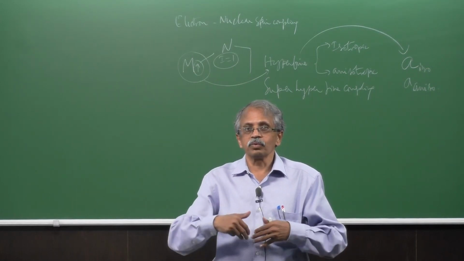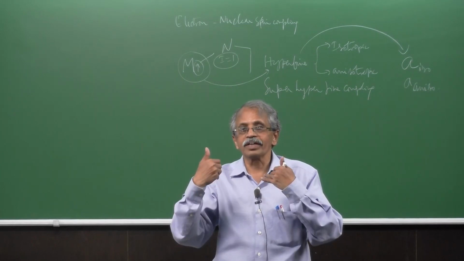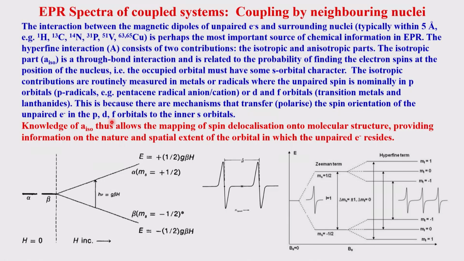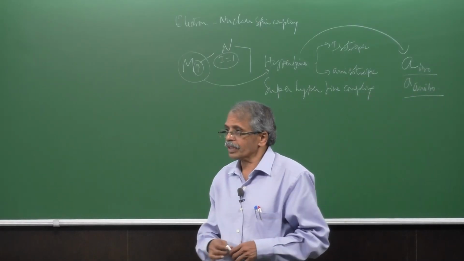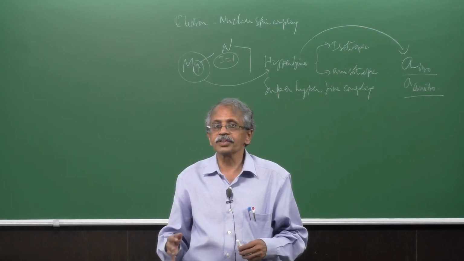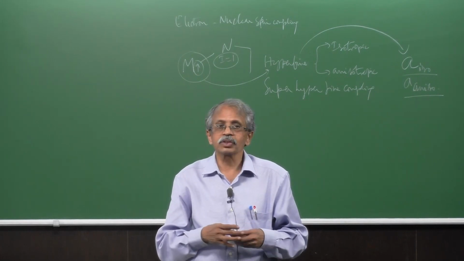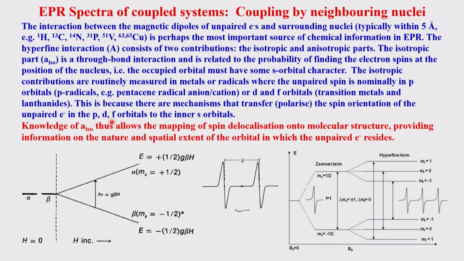That means you will have a better spin polarization of the electron density at the nucleus. So these values will allow one to understand the spin delocalization and the molecular structure, etc., and therefore we can understand the structural aspects as a whole for the system.